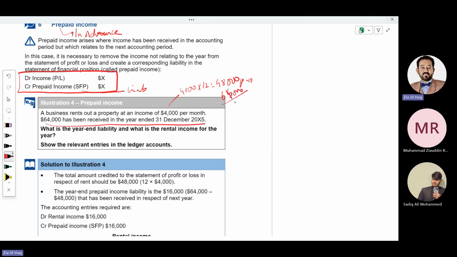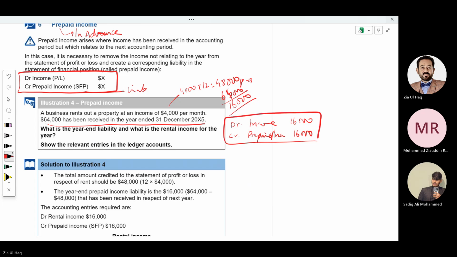How much extra have you received? 16,000, for which either you need to provide a service in future or return this amount. So what could be the accounting entry? Debit income, how much? 16,000. And credit prepaid income, 16,000. Is that fine?